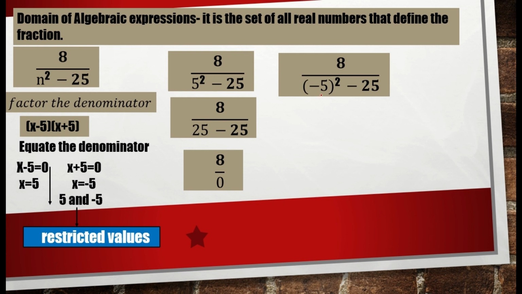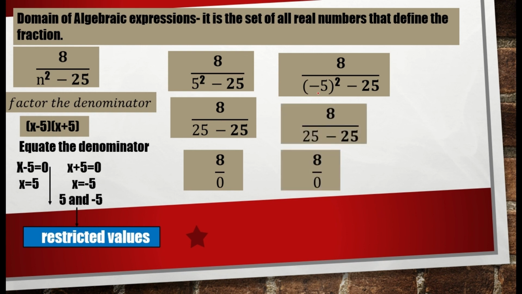So, n yan, negative 5 squared. So, negative 5 times negative 5, the answer is positive 25. Minus 25, so the answer is 0. So, therefore, our domain n such that n is not equal to 5 and negative 5.